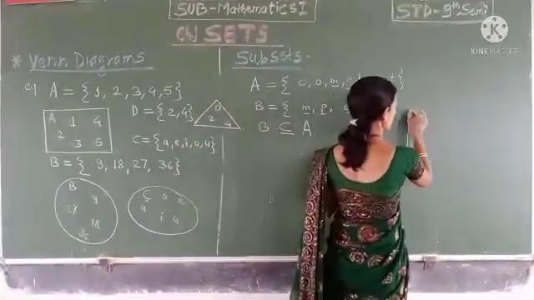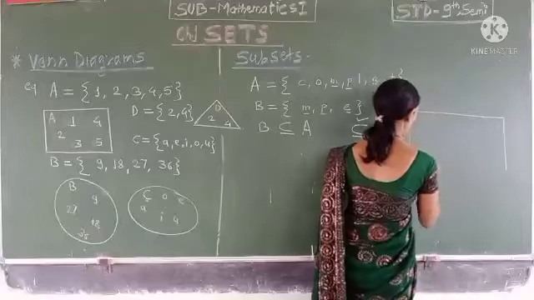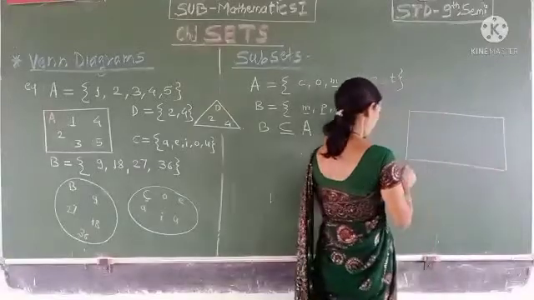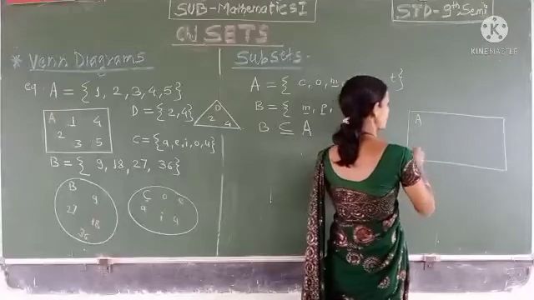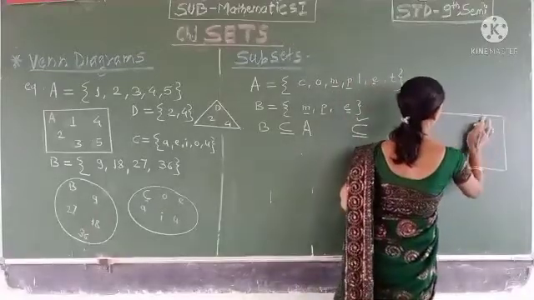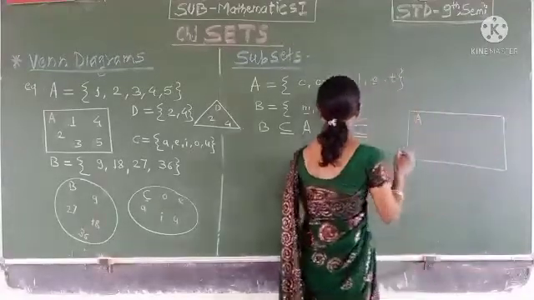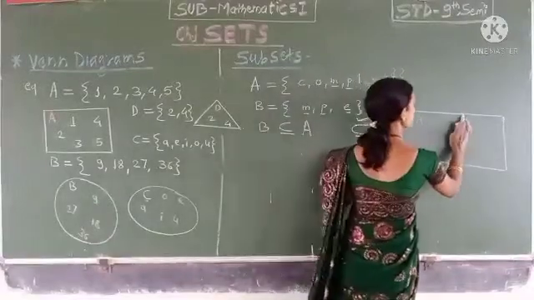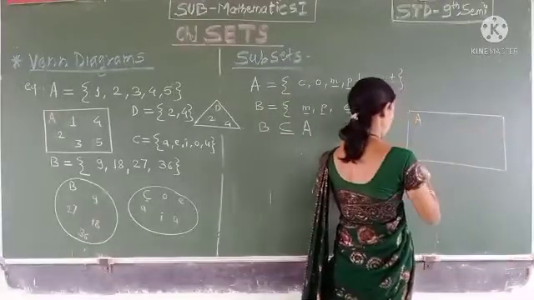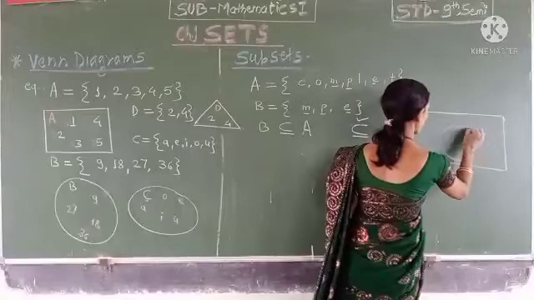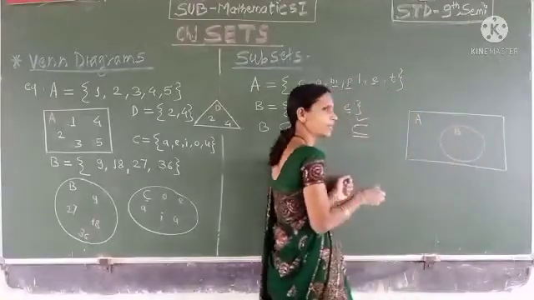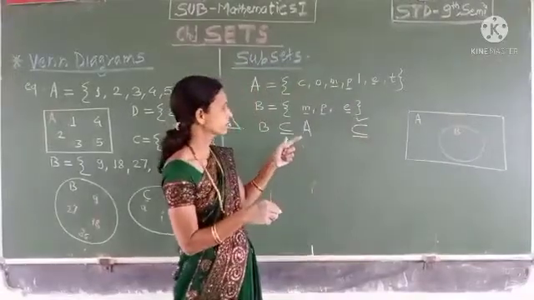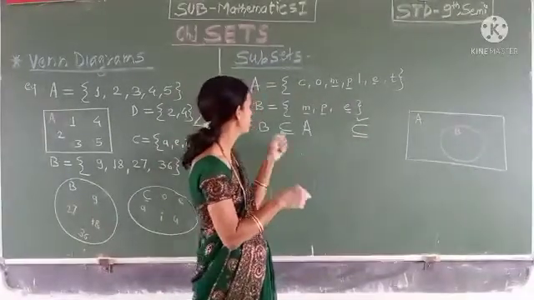See here, the bigger set is set A, which is represented by a rectangle, and B is a subset of A, which is represented by a circle.